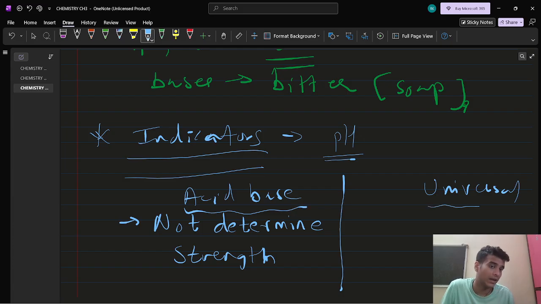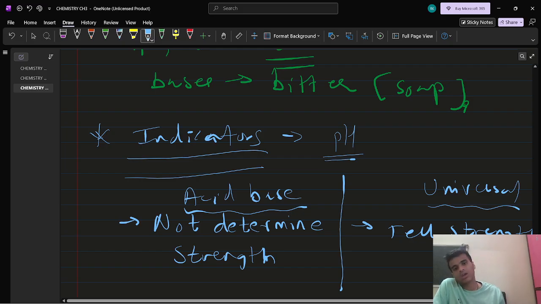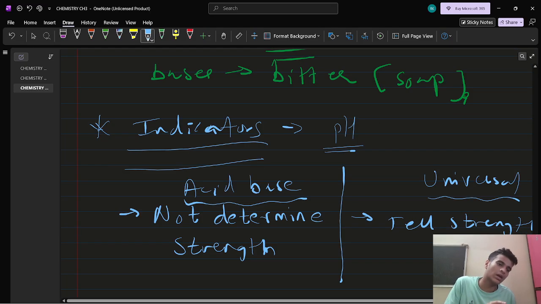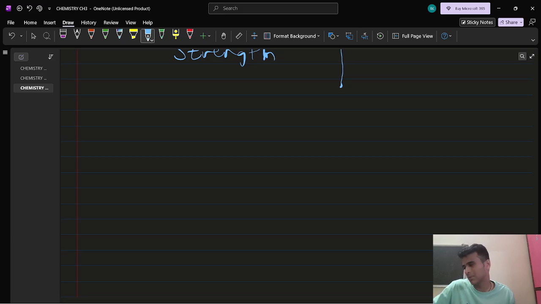It will not tell how acidic or how basic the substance is. But universal will tell the strength. मतलब अगर मैंने एसिड बेस में दो एसिड डाले तो it will just tell कि दोनों एसिडिक हैं, but universal will tell me कि कौन सा ज्यादा एसिडिक है, कौन सा कम है. That is the main difference. बहुत सारे पॉइंट दिए हैं but main point यही है.